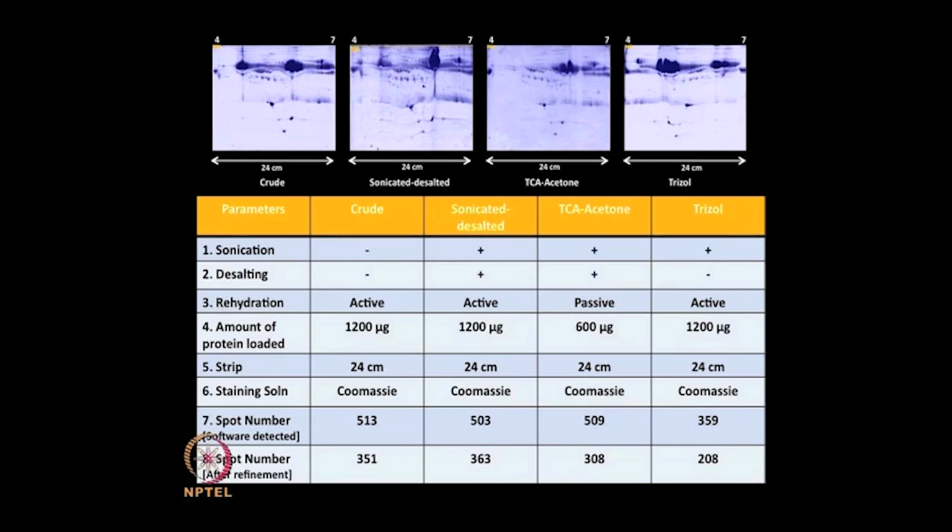We looked at the effect of sonication, desalting, rehydration, amount of protein loading, type of strip, staining solution, how many spots we can resolve on these gels, and, since automated software analysis gives a lot of artifacts, how many real spots we can obtain after manual refinement.